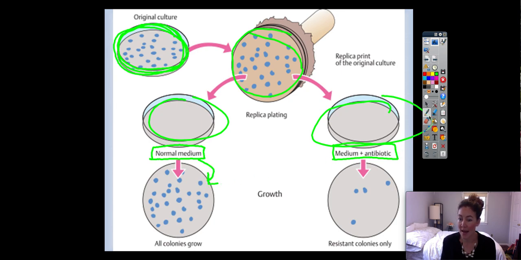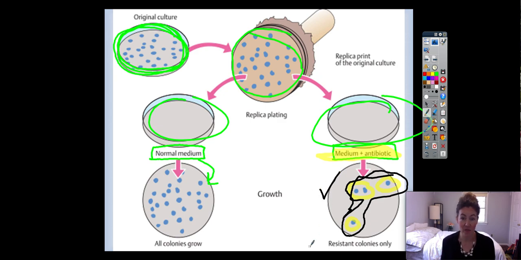But when you add in antibiotics, that purple is really hard to tell. Let's pick yellow for our highlight color instead. When you grow them in antibiotics, look at that. Only a couple actually live. Those would be the bacteria that a scientist would say, okay, let's collect those and allow them to grow because these, check mark, have the new gene.